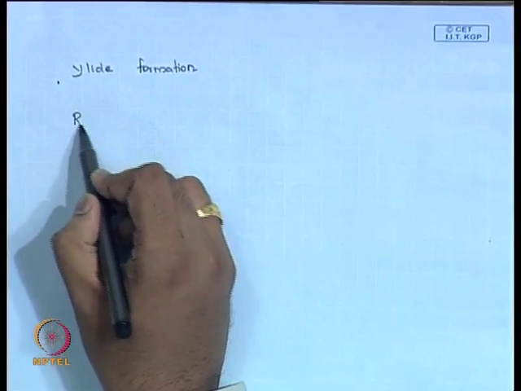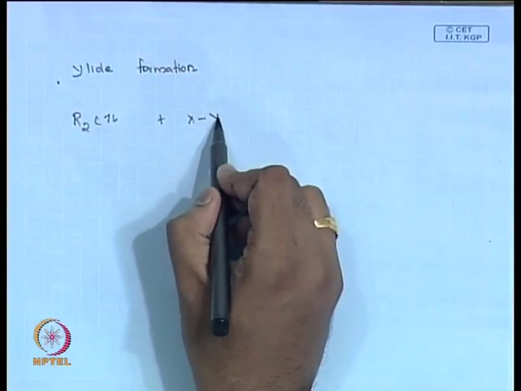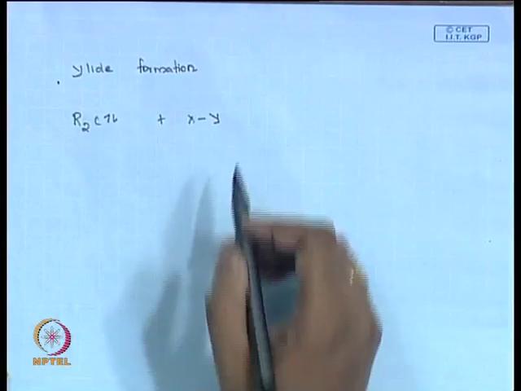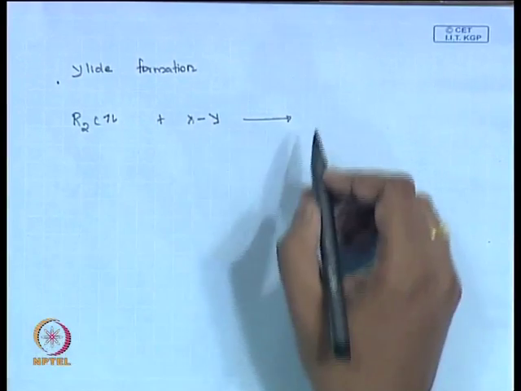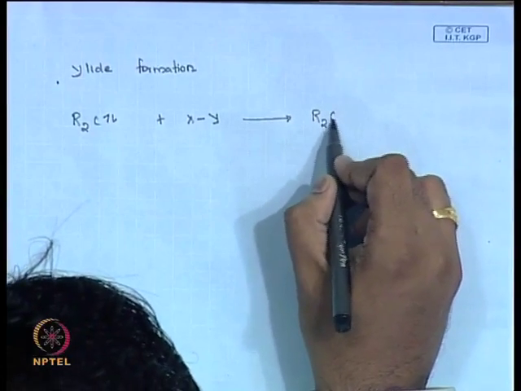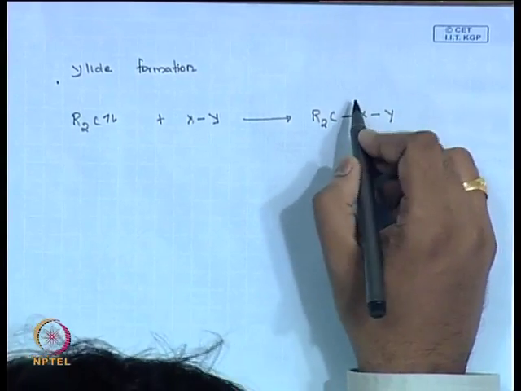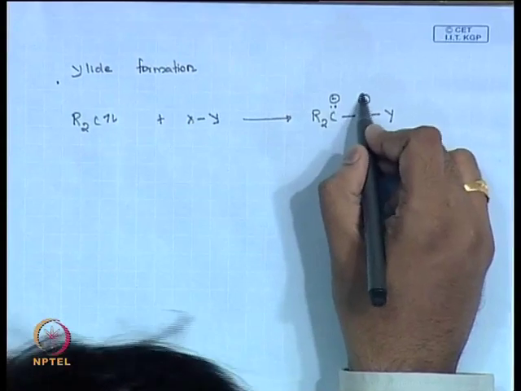So, if I have a singlet carbene, and just as an example I take an X and Y. I can think of my carbene with this.